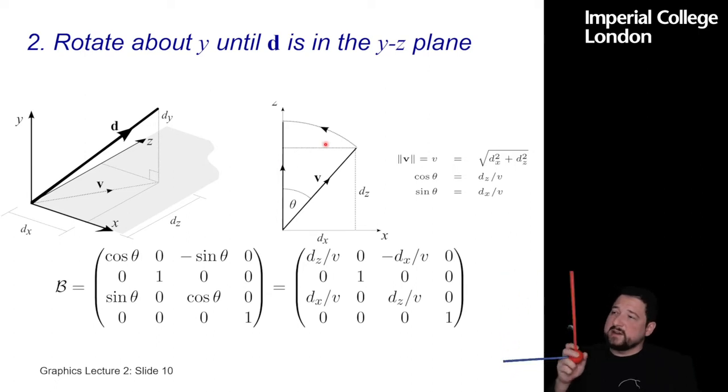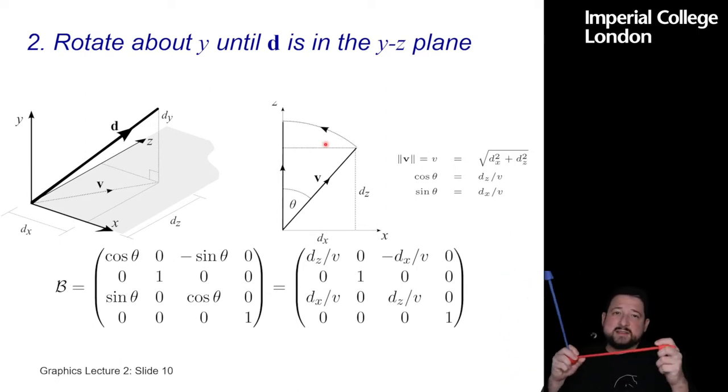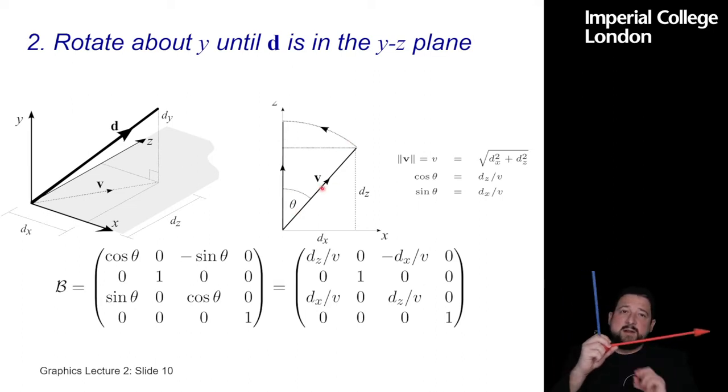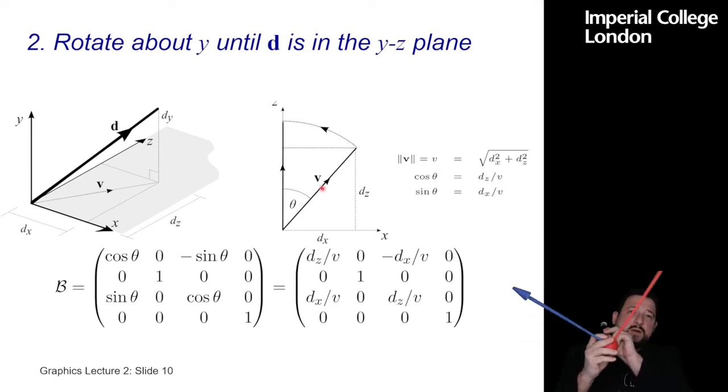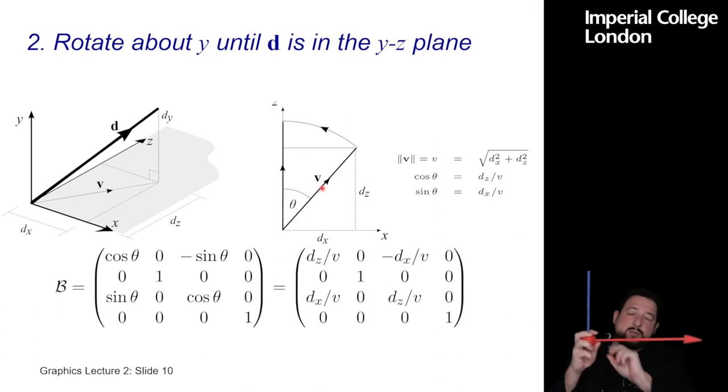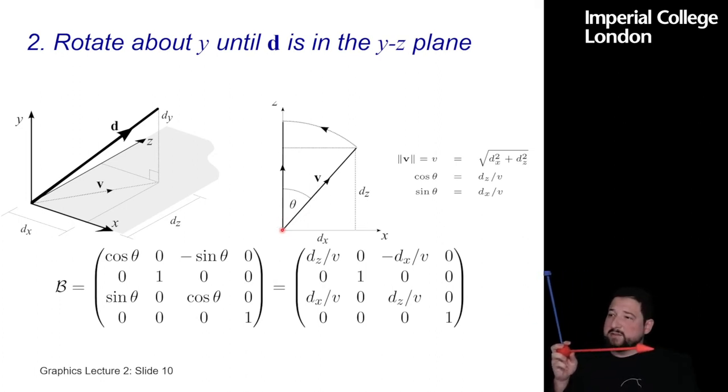So in this case here, I have Z and X on the plane, and I want to rotate around Y. Okay, Y is coming out of the screen here.